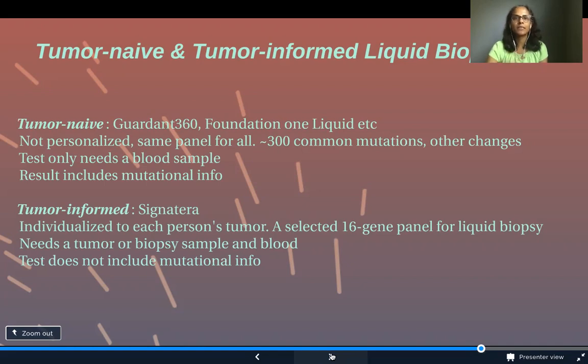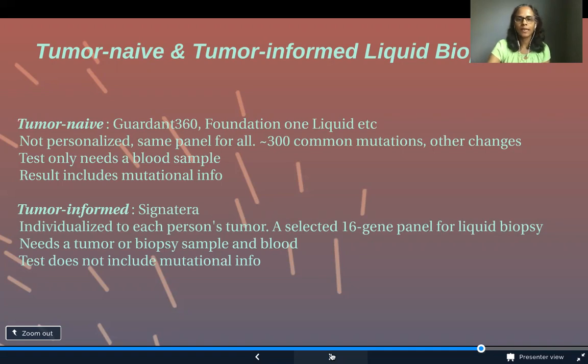And then based on the mutations that are present in the tumor, a panel of about 16 different genes is selected for each individual patient, and a liquid biopsy test is designed. The disadvantage is that the result does not contain mutational info. They give you a total value, which is mutations per mL. And the result of this test can be almost used like that of CEA.